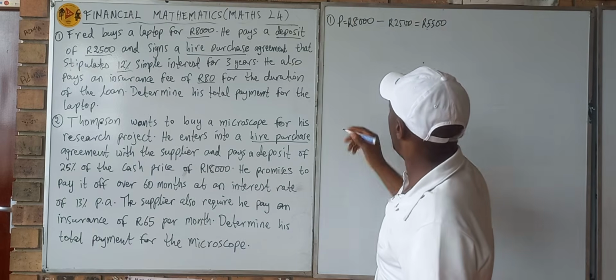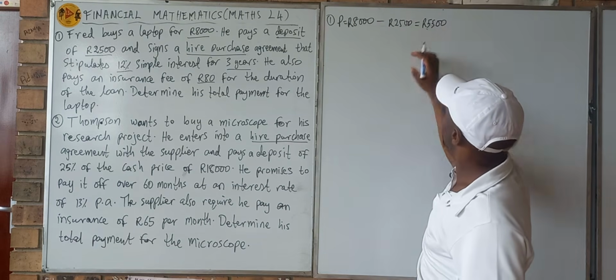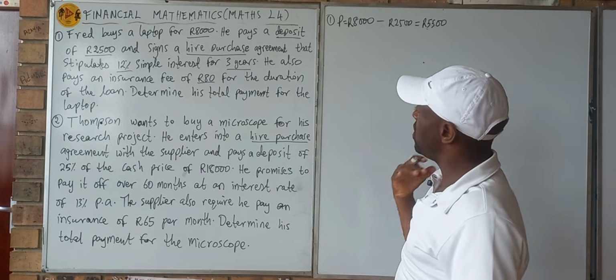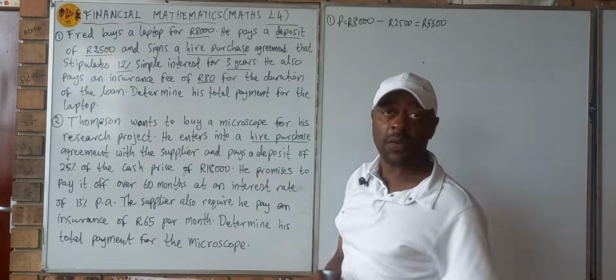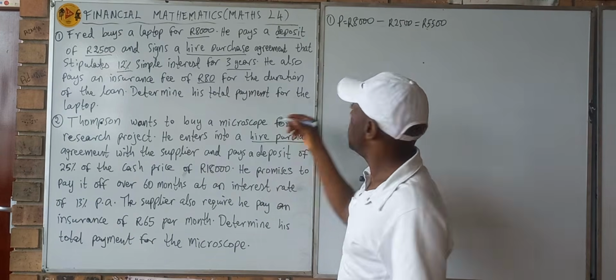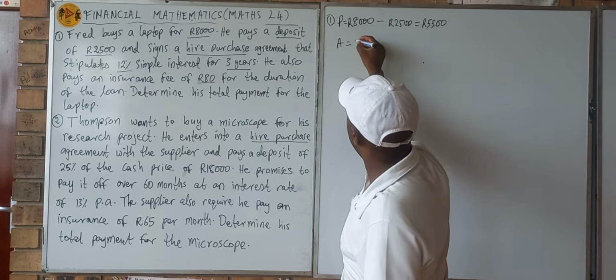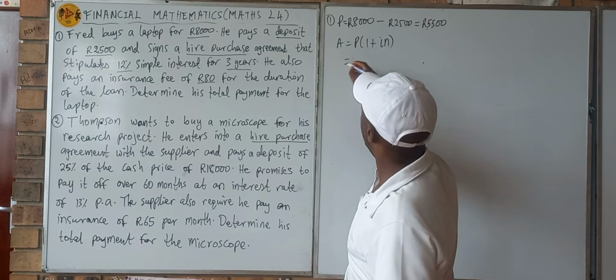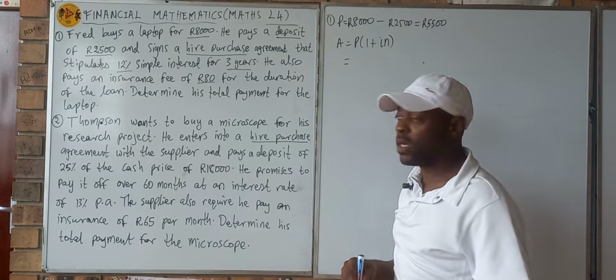So what we have to do now, as the company, is take this loan and pass it through the simple interest formula to see what it will give in 3 years' time, since they are allowing you to use that laptop for 3 years. So we need the simple interest formula, which is 1 plus i n. So we have to check the accumulated loan.